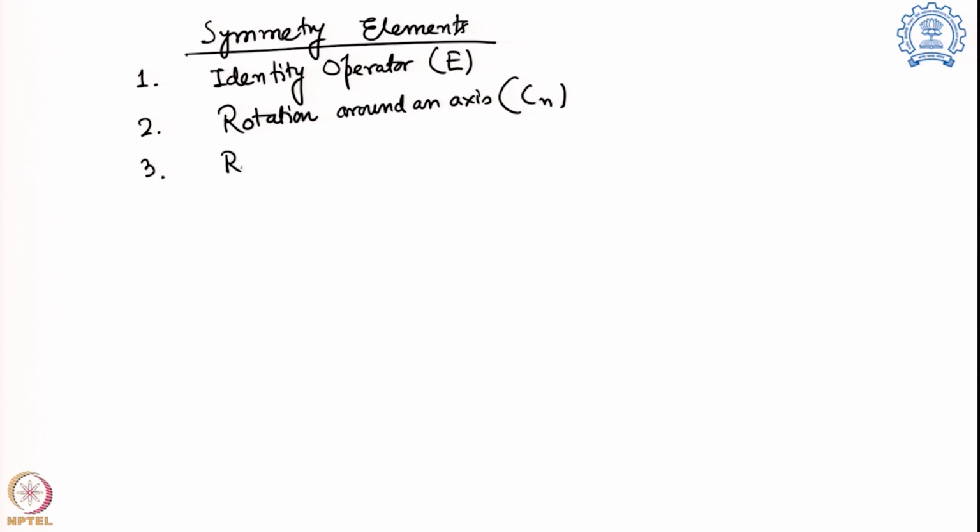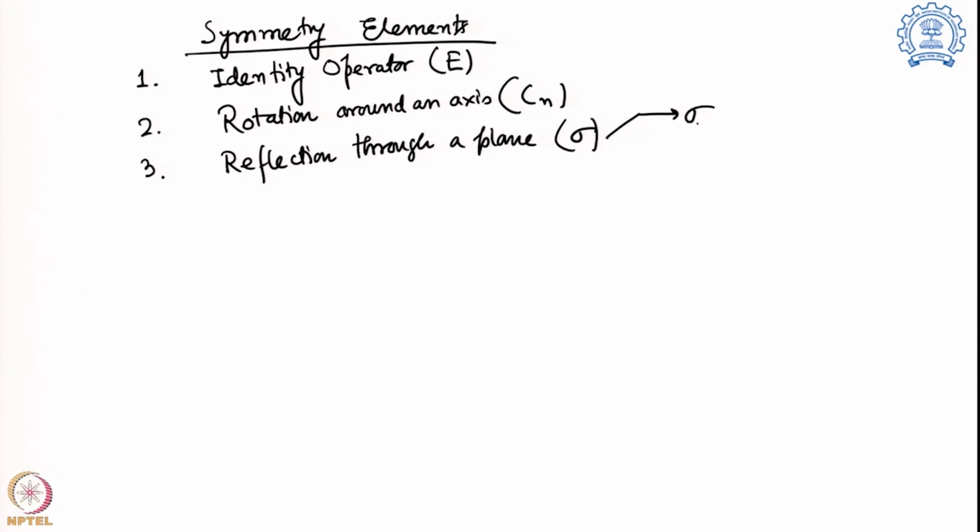Third is reflection through a plane which we call sigma, and we have discussed its relation with respect to the Cn or proper axis of rotation or rotational axis.